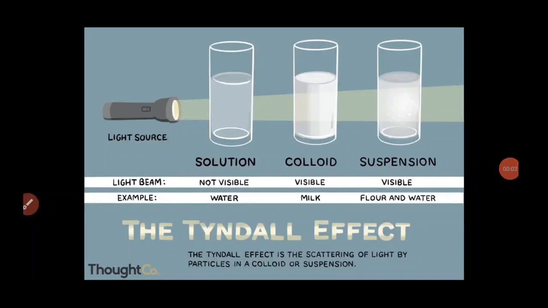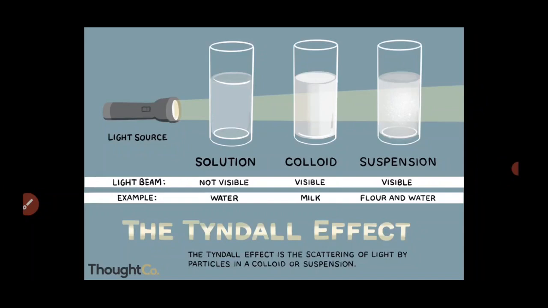Students, here is another example to show the Tyndall effect. The Tyndall effect is the scattering of light by particles in a colloidal or suspension solution. The light source is a torchlight. The first one is a solution, for example water with salt or sugar, and the light rays are not visible.